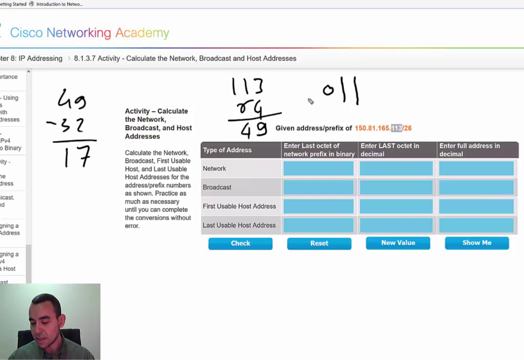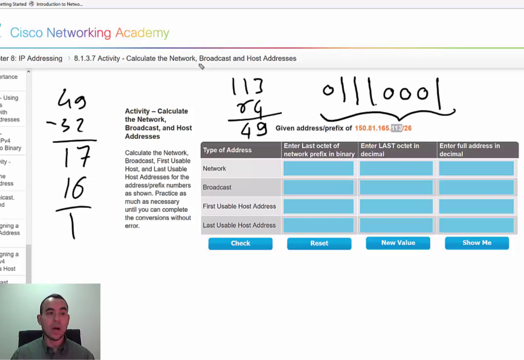And obviously 17 is greater than 16, so we put 1 here. Then 16 subtracted leaves 1, so the rest is 0, 0, 0, and then 1. That's how we convert 113. We need to keep that number.